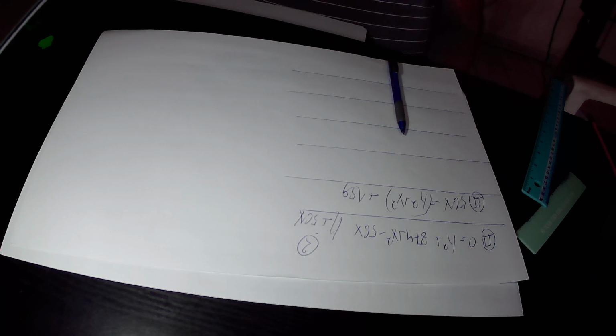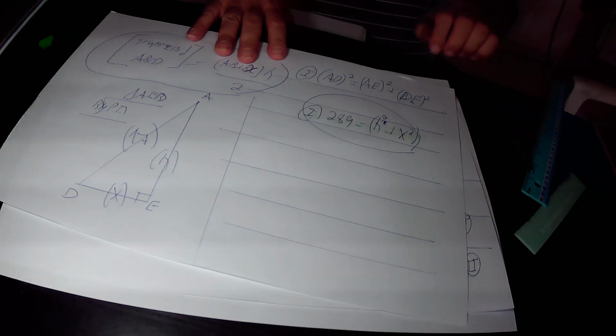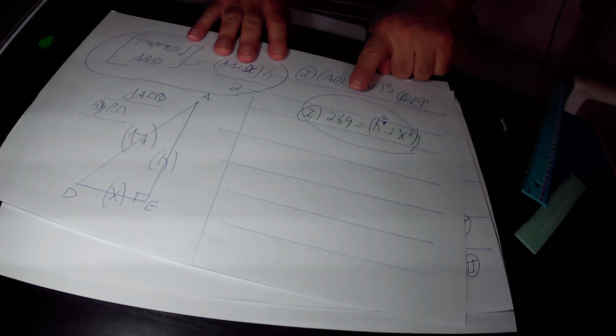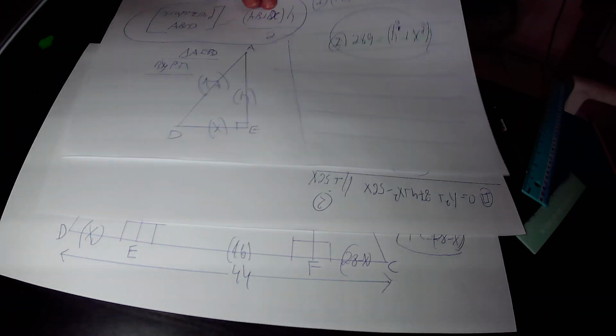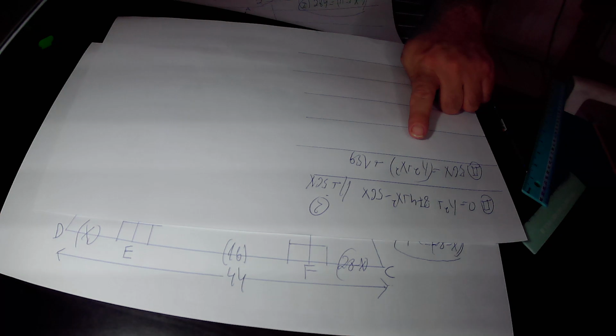According to equation 1, we have already found out that 8 squared plus x squared equals 289. So you can substitute 8 squared plus x squared in this equation, equation 2, by 289.